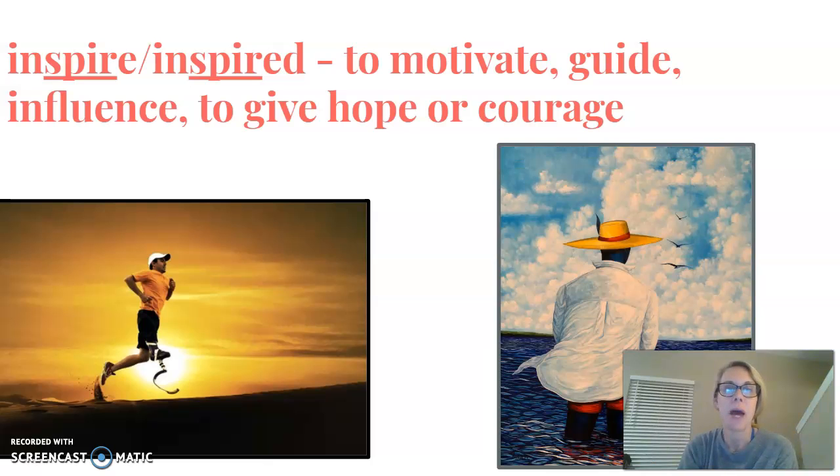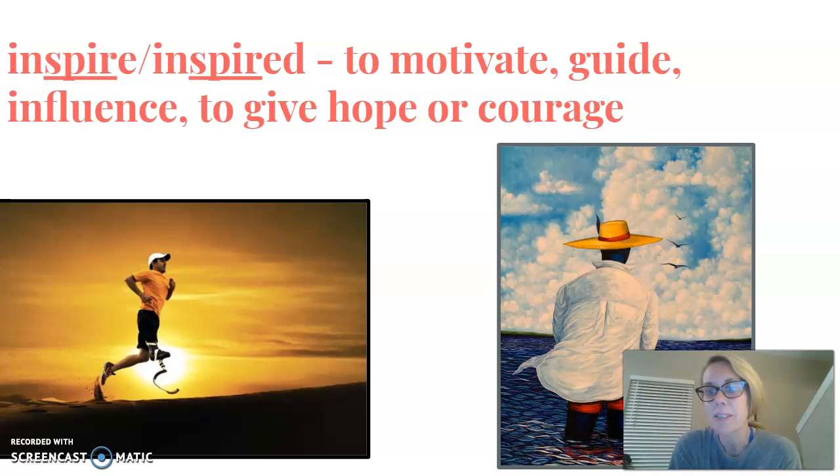Next word, inspire or inspired. Say inspire. Good. The root is what? Spire. That means breath or alive. So things that inspire me are when I see somebody doing something really awesome.